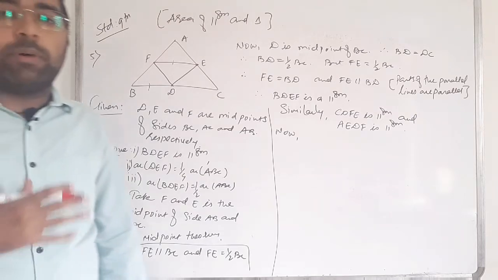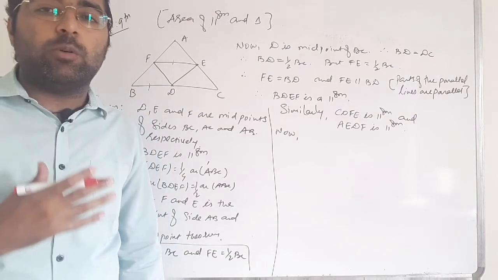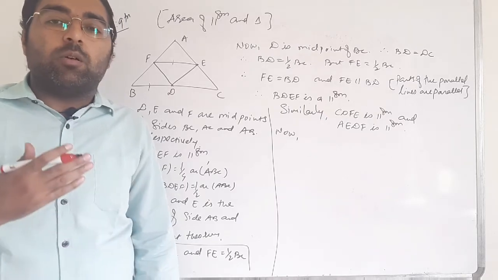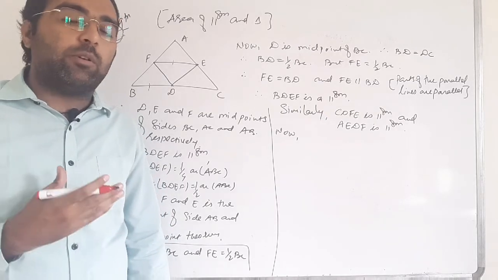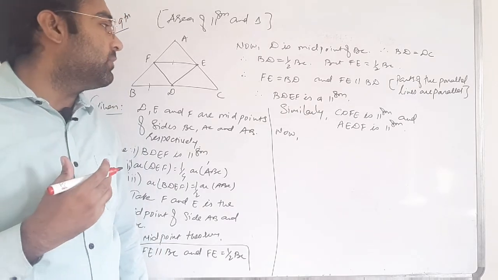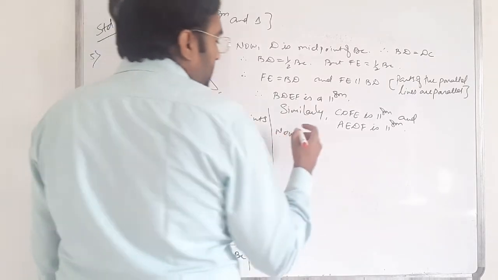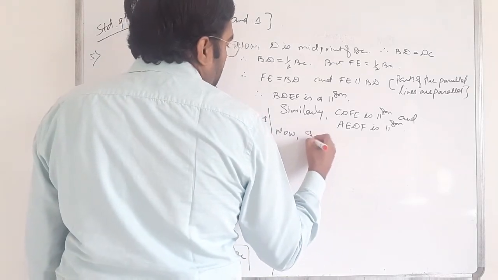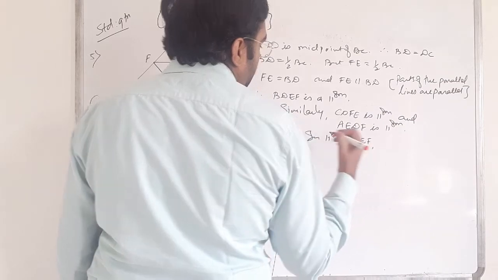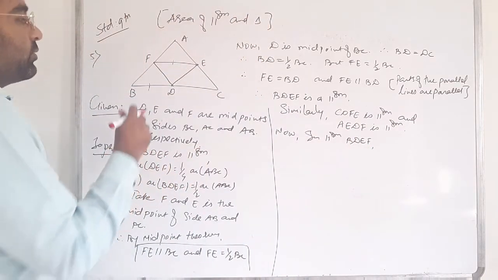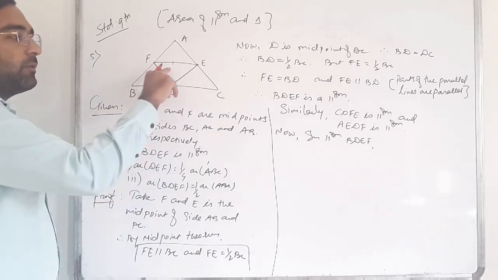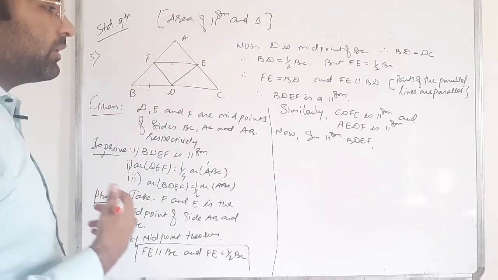Now we know that a parallelogram is divided into two equal triangles, and these triangles are always congruent to each other, and if they are congruent then their areas will be equal. So in parallelogram BDEF, the two triangles DEF and BDF are congruent to each other.